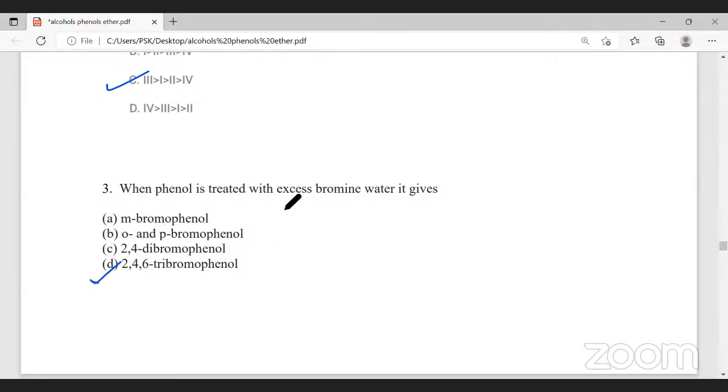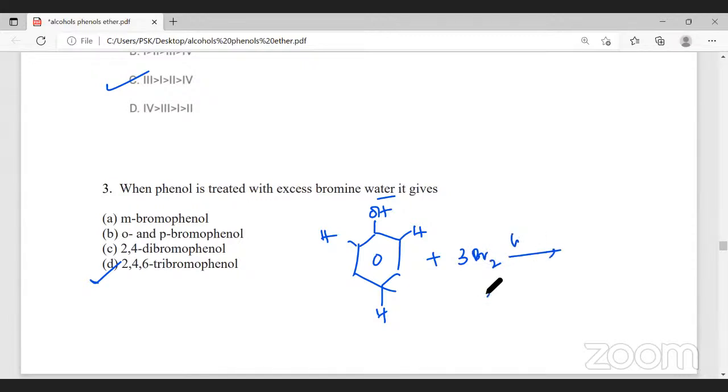Now, if you use bromine and carbon disulfide, you get two products, ortho and para-bromophenol. But when we use bromine water, I told you this is OH, phenol, this is H, this is H, and this is H. Now, when this is allowed to take bromine water, aqueous bromine, what happens? I can write one bromine here, one bromine here, one bromine here.